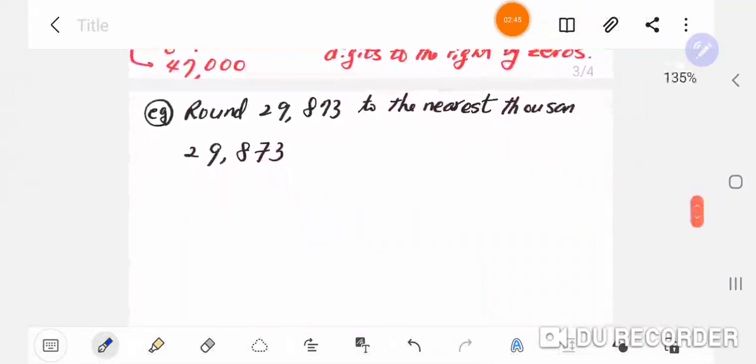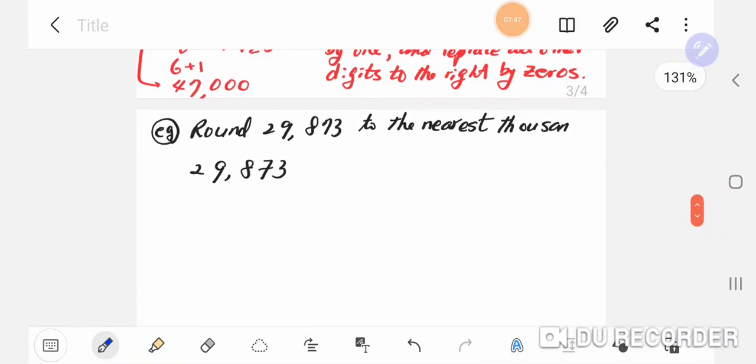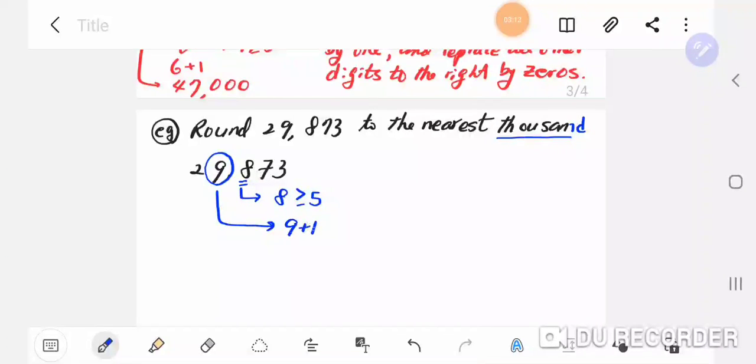Okay, round 29,873 to the nearest thousand. The place value 1000 is 9. So we will decide whether we need to increase this 9 by comparing the next digit. 8 is greater than or equal to 5, so we will increase this 9 by 1. So it will be 10.